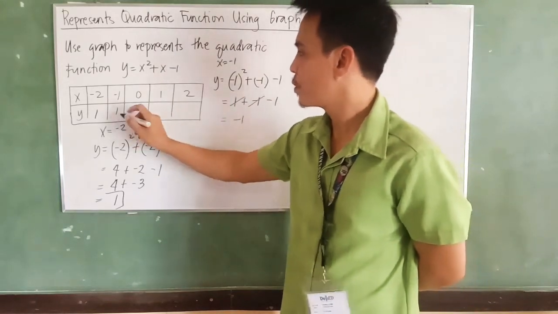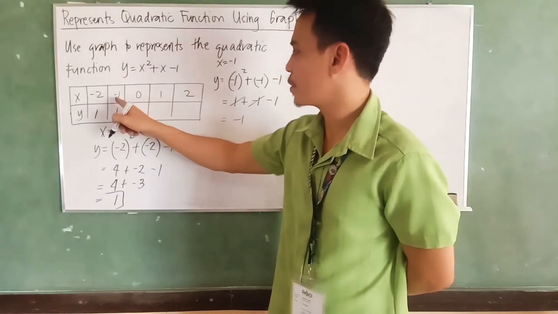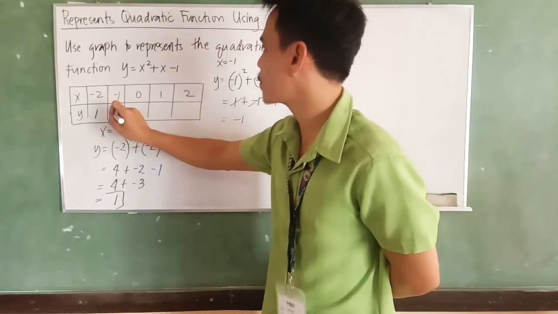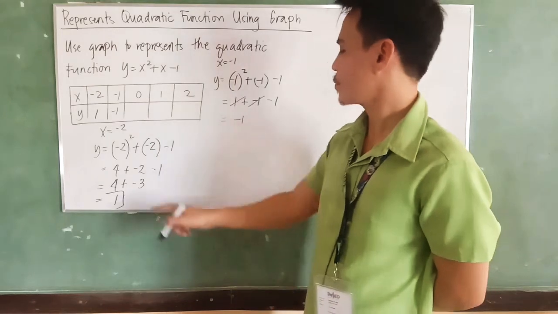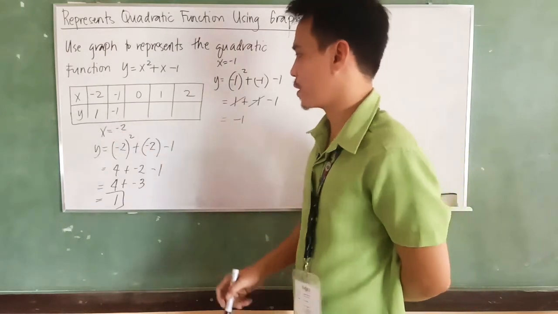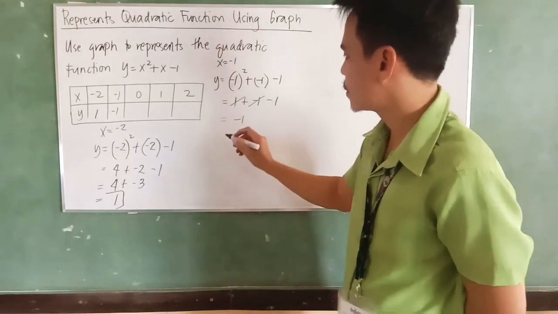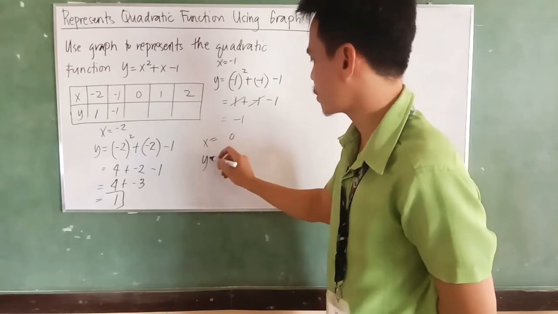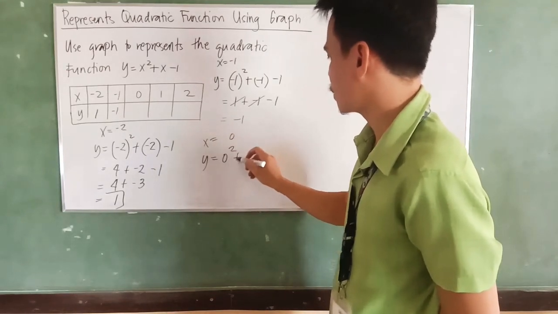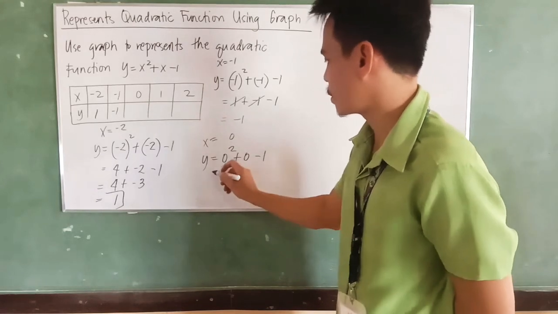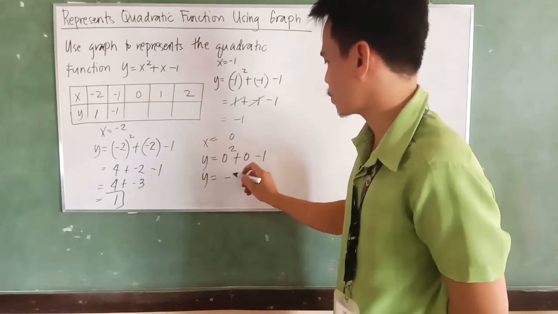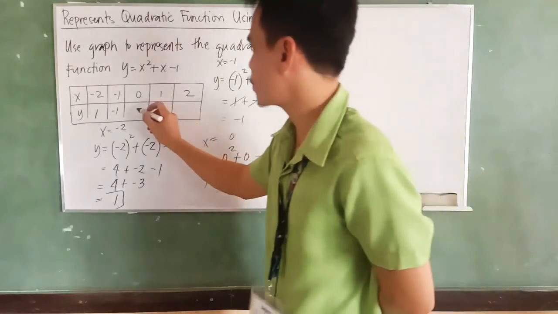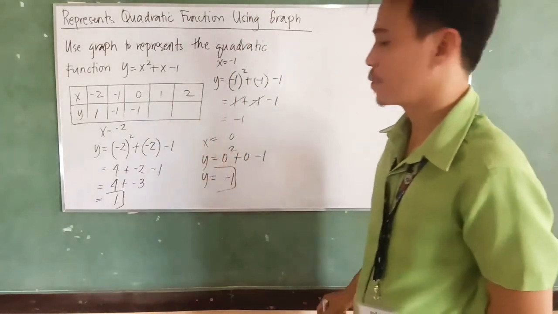So when your x is negative 1, your value of your y is negative 1. Okay? Your x is 0. So your y is equal to 0 squared plus 0 minus 1. So your y is equal to negative 1. So this is negative 1.